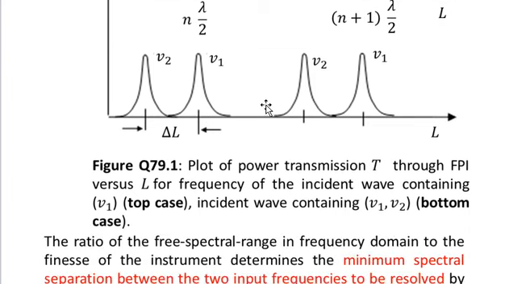So let's see the caption of this figure. Plot of the power transmission capital T through the Fabry-Perot interferometer versus the distance L on the horizontal axis, for an incident wave containing frequency nu1 in the top case, and an incident wave containing two frequencies nu1 and nu2 in the bottom case.